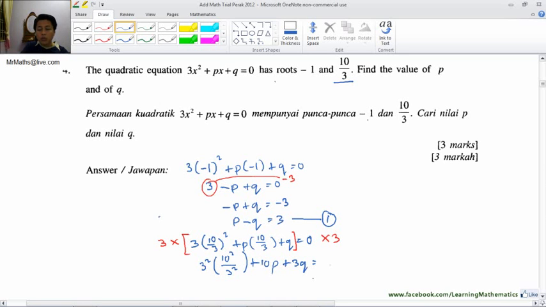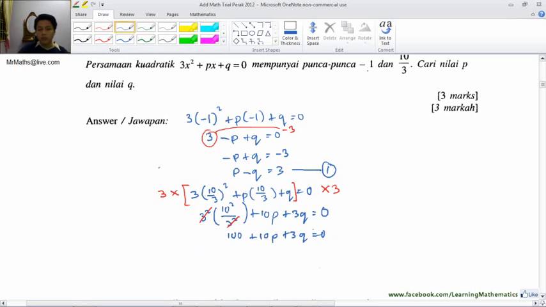What about the right hand side? 0 multiplied by 3 is 0. Then the 3 squared and 3 squared over here cancel each other. So left is only 10 squared, which is 100. So that is 100 plus 10p plus 3q equal to 0.